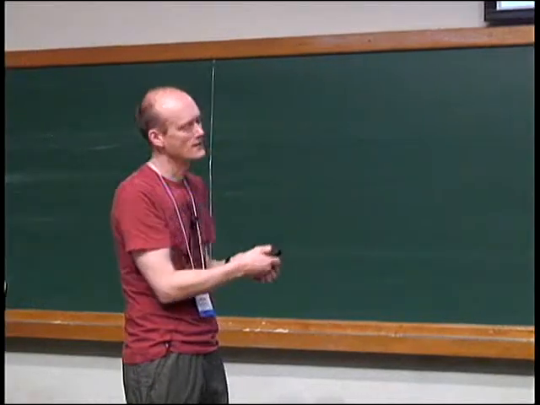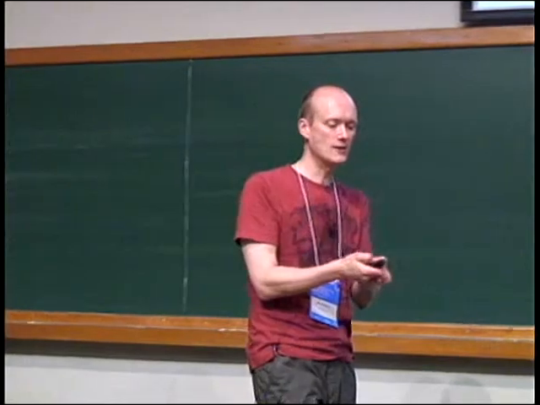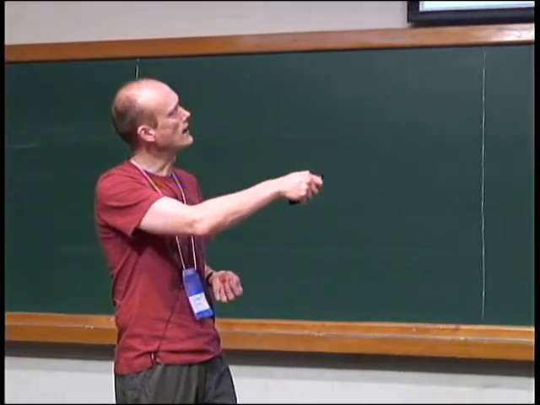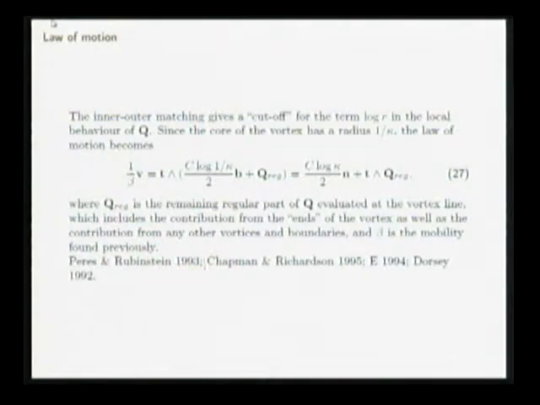Because the rescaling when you see the core of the vortex happens when r gets to be order 1 over kappa, that means the size of the velocity ends up being not log of 0, but log of kappa. And so that automatically gives you a cutoff when you do this inner and outer matching.